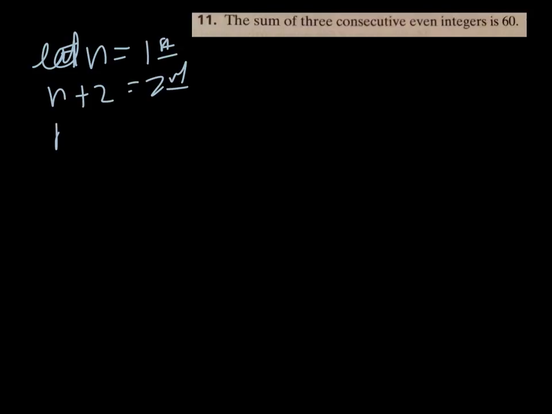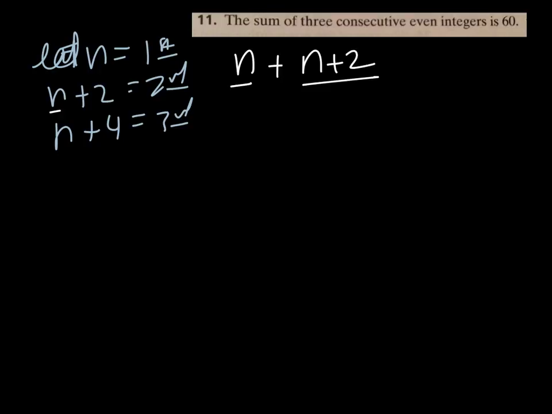Again, we're skip counting, n plus 4 is the third number. Always, always skip count. I don't care if it's even or odd. So, to write it up: first number n, plus second number n plus 2, plus third number n plus 4, all of that equals 60.